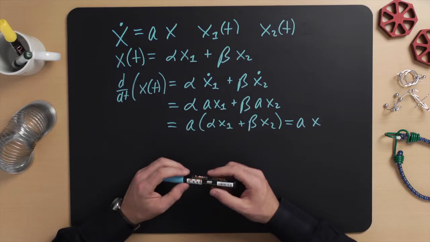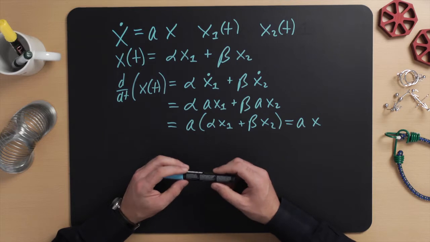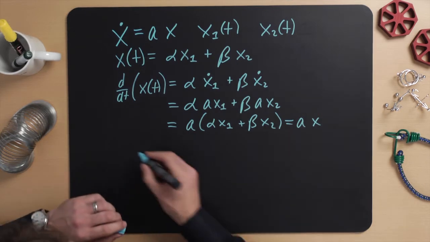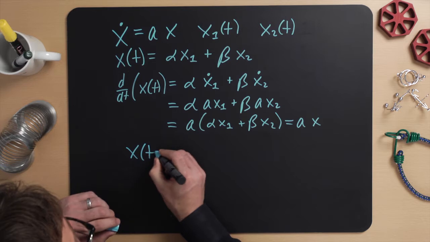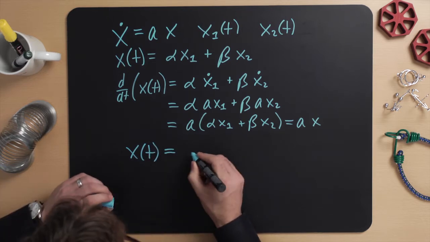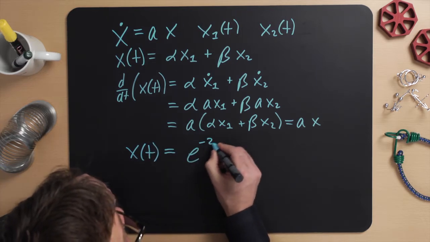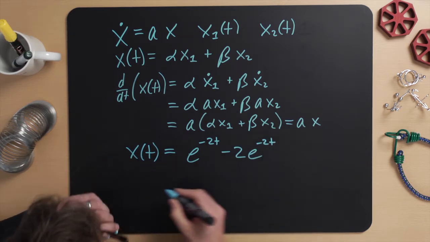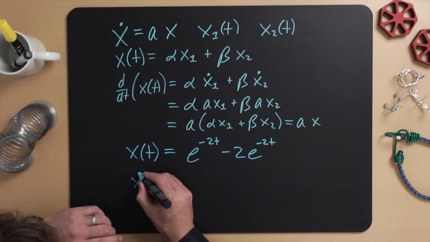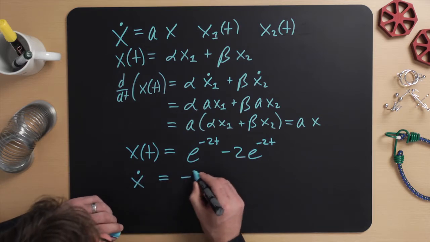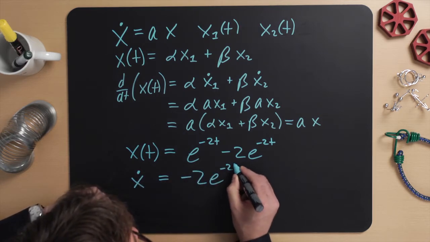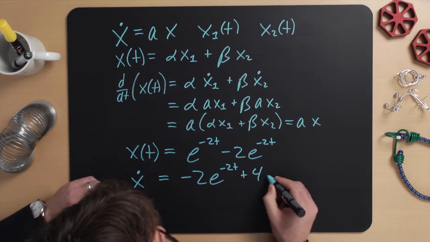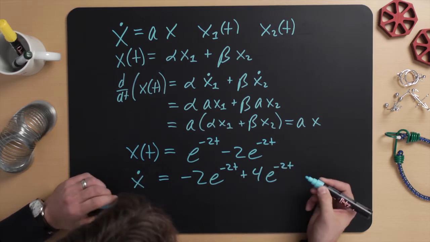Let's look at our specific example. We have the two solutions I just mentioned: x1 of t is equal to e to the minus 2t, and x2 of t is equal to minus 2 times e to the minus 2t. So x of t can be defined by adding those two solutions together. If I then take the derivative of x of t, that means that x dot is equal to minus 2 e to the minus 2t plus 4 e to the minus 2t.